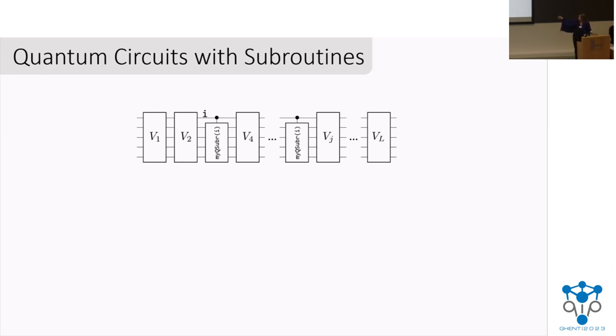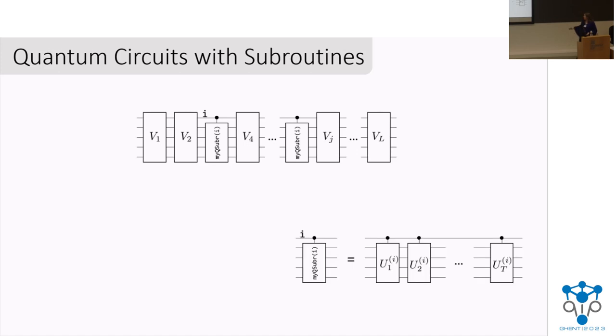What does an implementation of the subroutine look like? It's just going to be itself a circuit, which will have some number of gates. The idea is that if you take a copy of this circuit and plug it in for each of these subroutine placeholders, you'll just get one big circuit. But notice here that the number of operations in the subroutine, T, is independent of the input I. That's necessarily true, because we're going to call the subroutine on a superposition of different I's.